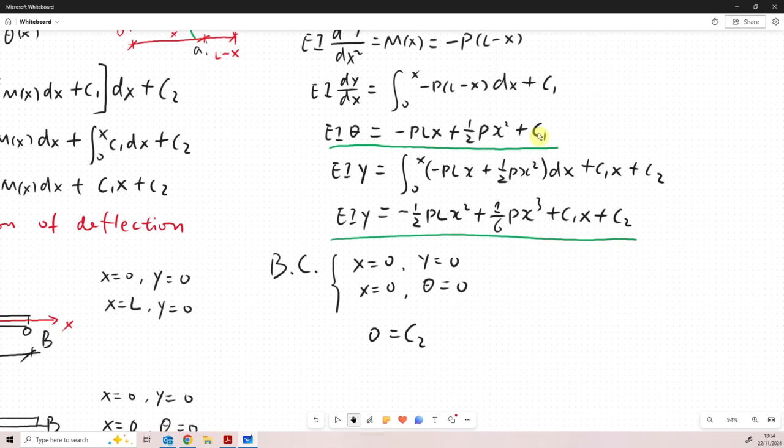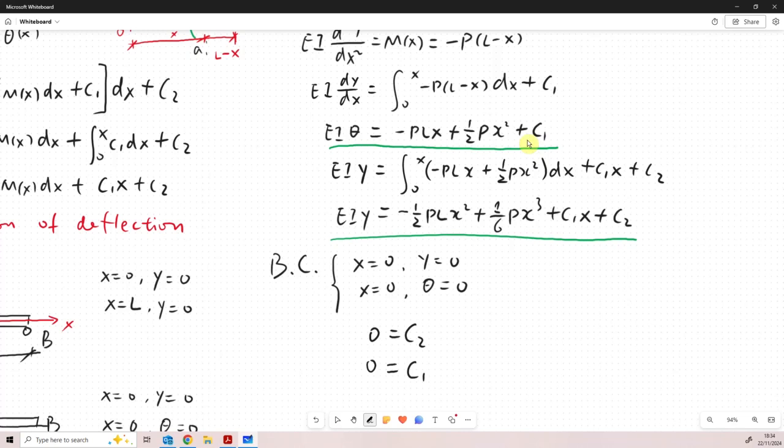Then we look at the second boundary condition, x equals 0, theta equals 0. The left hand side theta equals 0 is 0, x equals 0, so this term is 0, and C1 equals 0. So C1 equals 0, C2 equals 0.